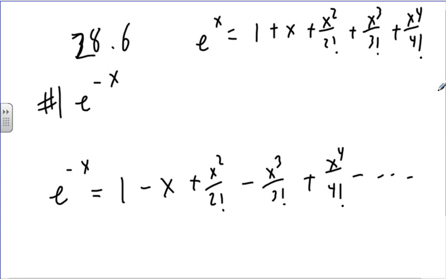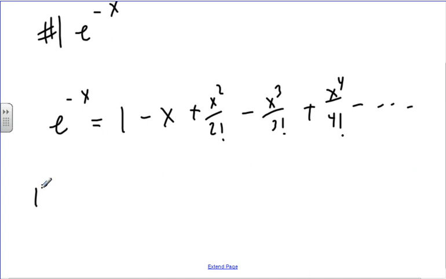Next is number 14. So we want e to the x divided by x minus 1. I don't know how I'd want to do that. It would seem like there'd be an easy way to do it.